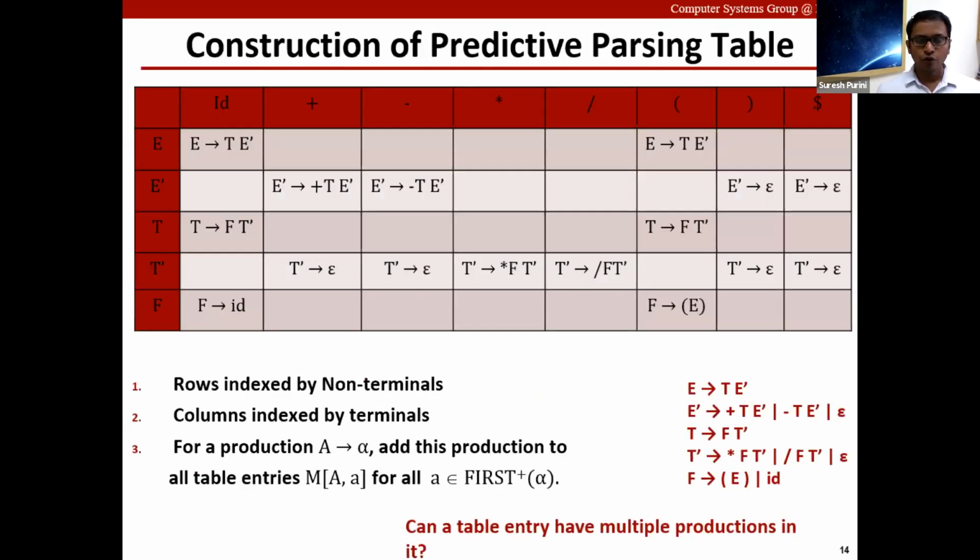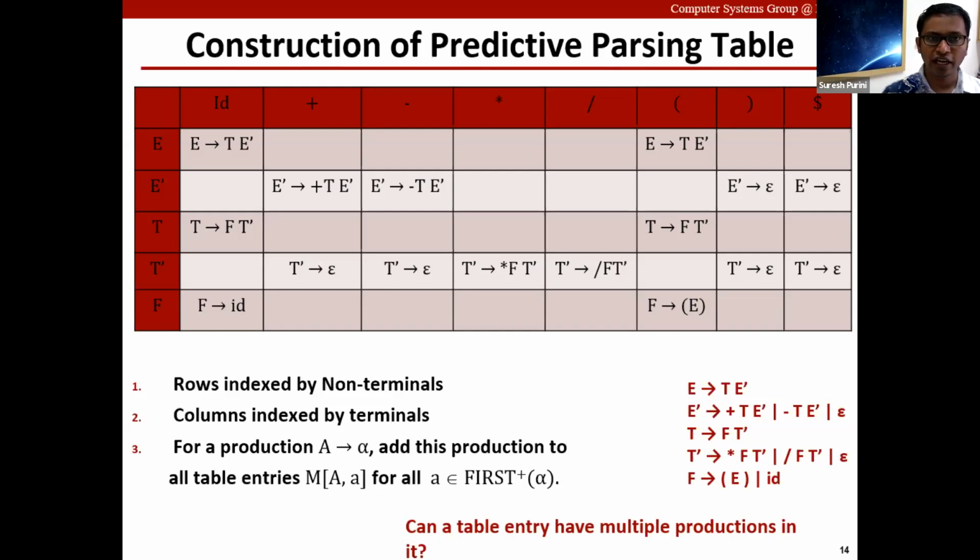Now we know how to construct first and follow sets, so we use these ideas to compute the first plus sets for different substitution rules. And from that we construct what is called a predictive parsing table.